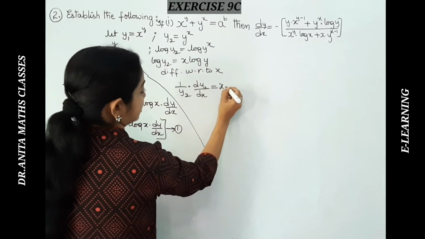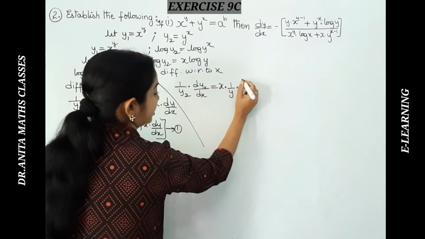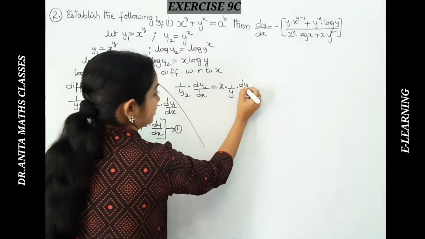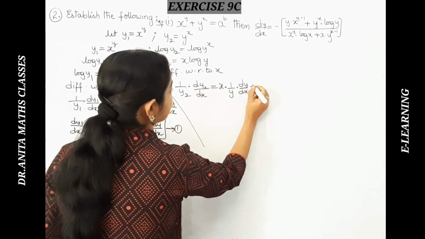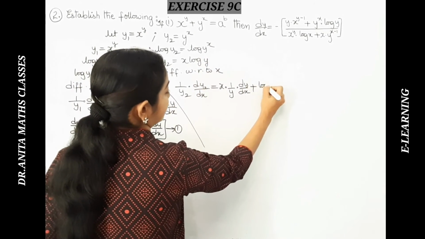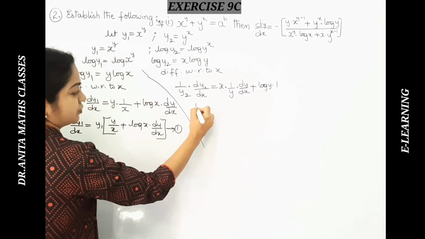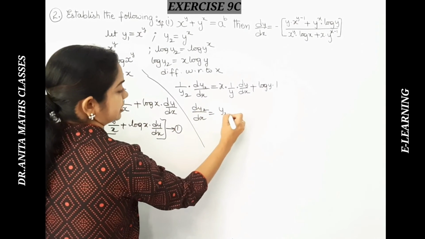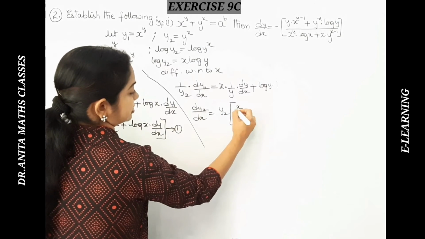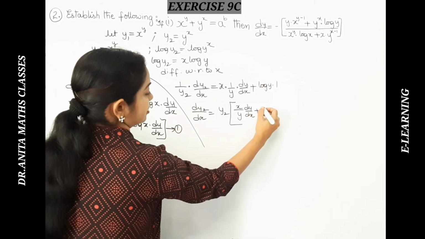So x times the differentiation of log y, which is 1 by y. Again this is not x, so for dy by dx we have to apply the chain rule, plus log y and the differentiation of x, which is just 1. So we will shift y2 to the other side, so this becomes multiplication: x by y dy by dx plus log y.